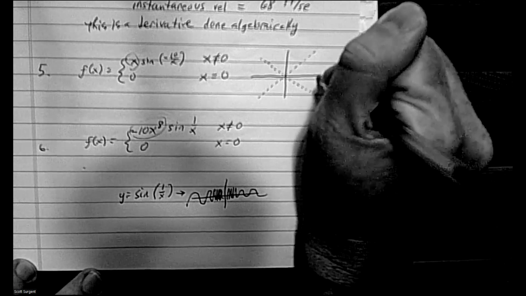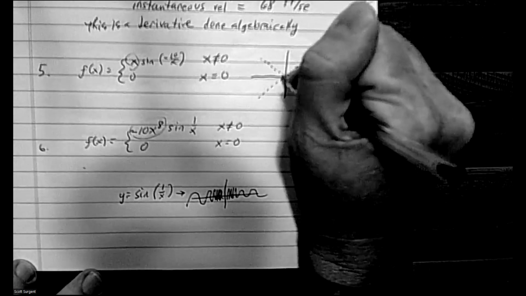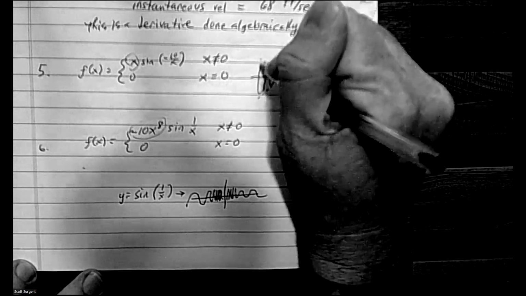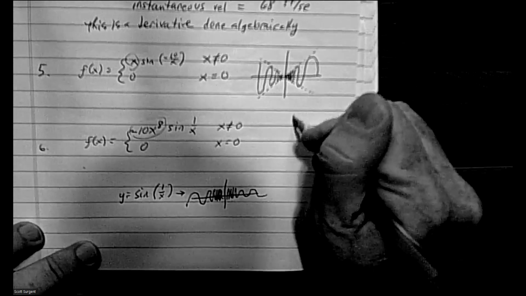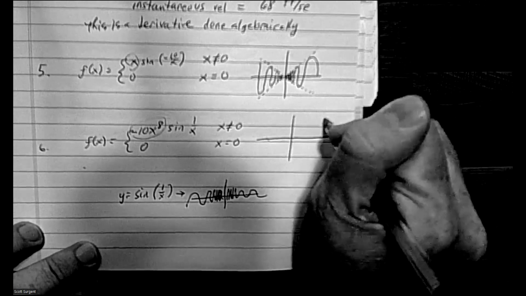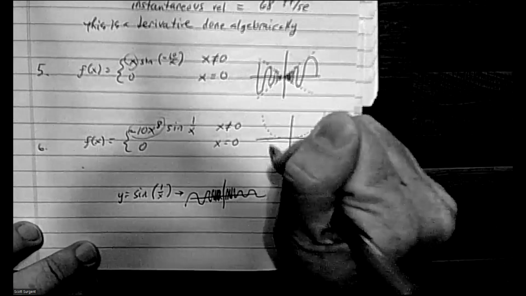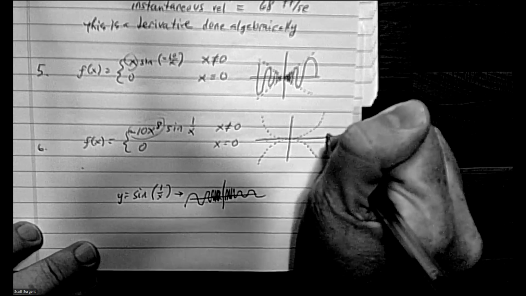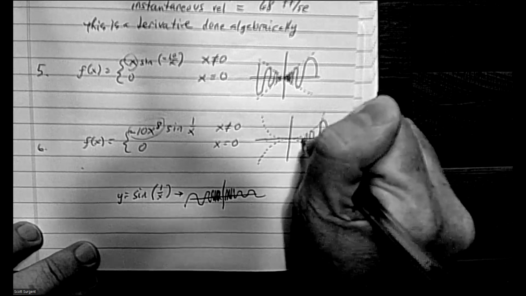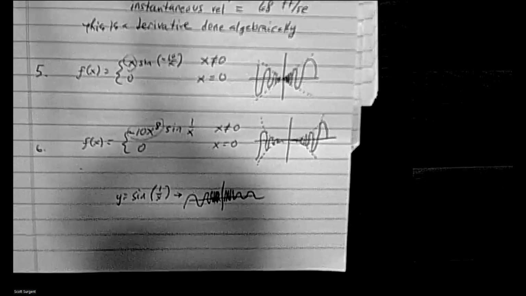The graph is going to look something like this. It's going to get real scrunchy as it goes toward the origin. That's what the graph looks like for the first one. For the second one, it's similar, except that the envelope looks like this. It has a much more rounded shape like that. And so the sine graph will get all scrunchy, but like that.